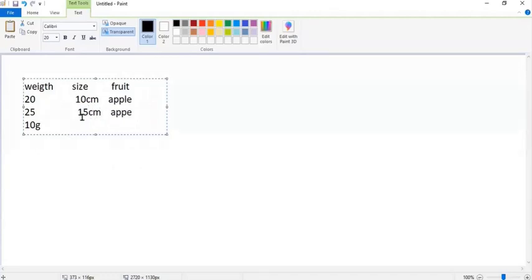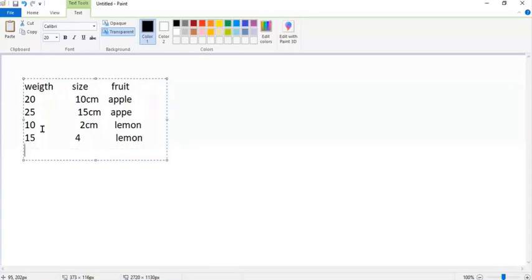It's just for assumption. So it is 10 grams, 2 centimeters. This is lemon. Okay. Now again I have 15 grams, 4 centimeters. This is also lemon.